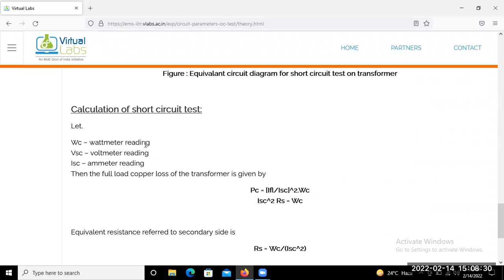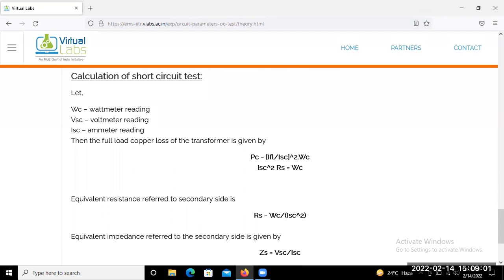So power loss, that means copper loss, equals I_SC squared times R_E, which equals the wattmeter reading. With this, we can find R_E, that means W_SC divided by I_SC squared. So if you put the wattmeter reading and ammeter reading in this equation, you calculate this value.